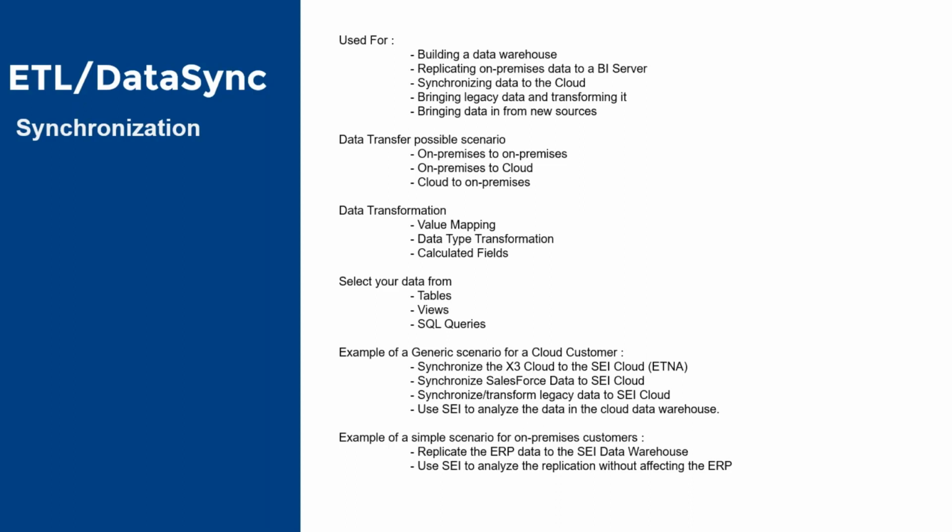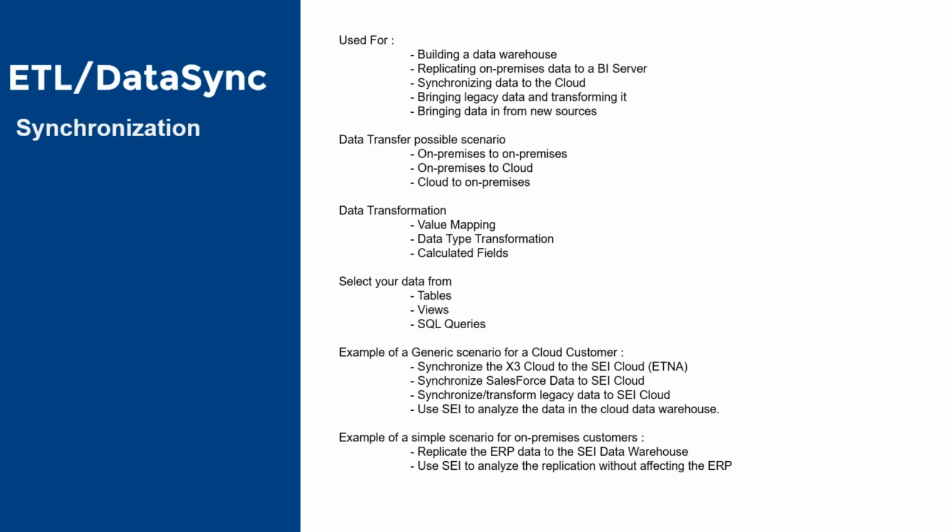So on top of the synchronization, we have the data transformation. We have an ETL module where we can transform the data to match something a bit different. So maybe we're taking data from a legacy database and we need to format the country code. The country code in that legacy data can be CAN instead of CA.